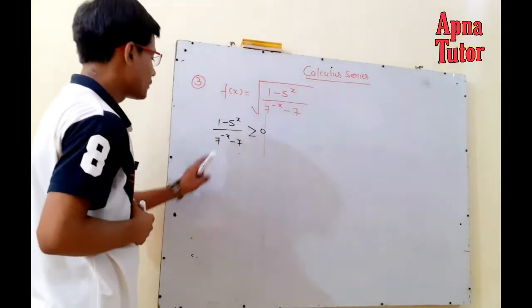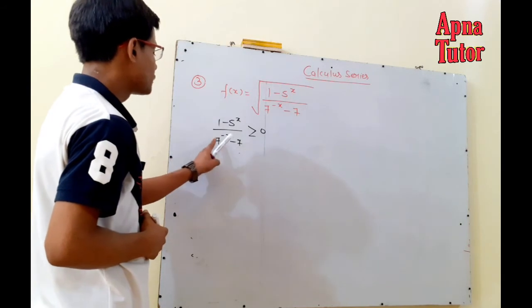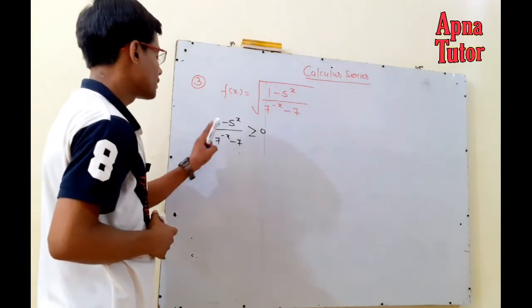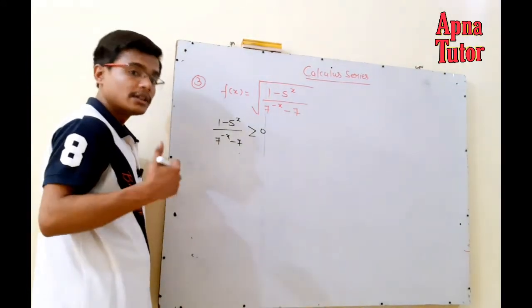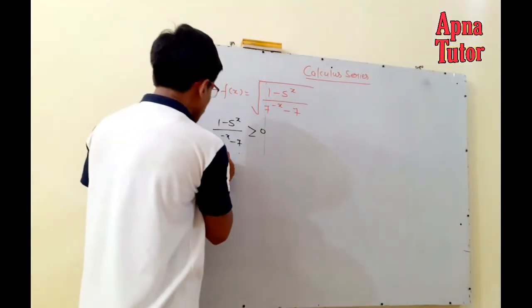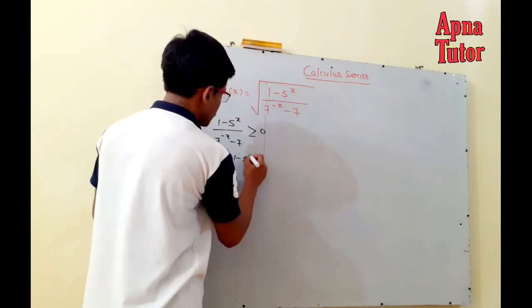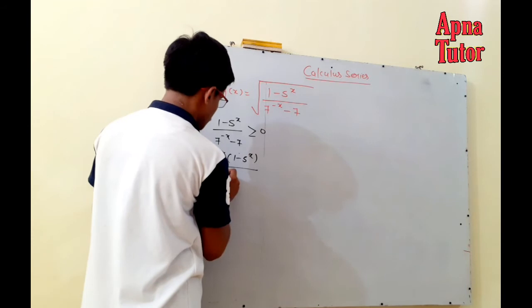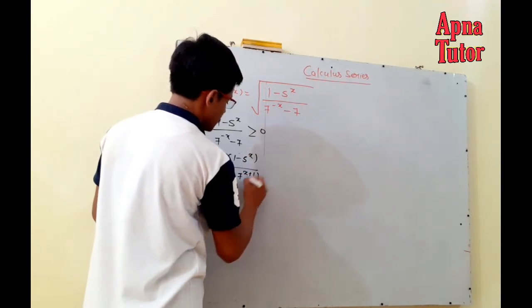For this, multiply this inequality by 7 raised to x, which is an exponential function, always positive and increasing. When you multiply by 7 raised to x, what will come out is 1 minus 7 to the power x plus 1.